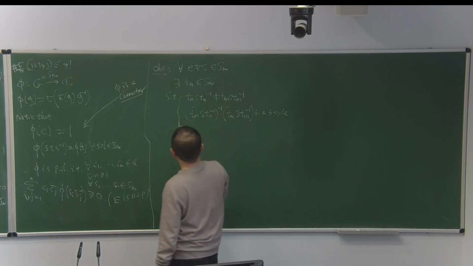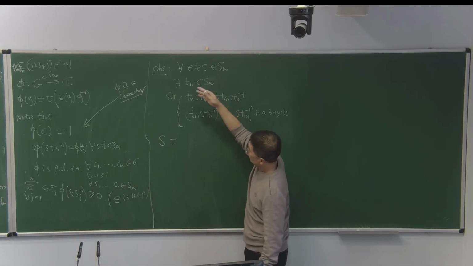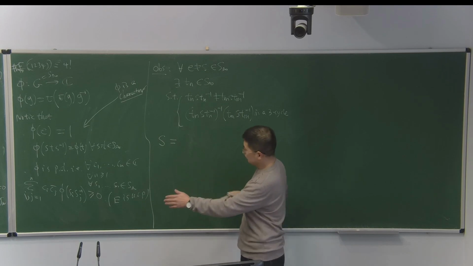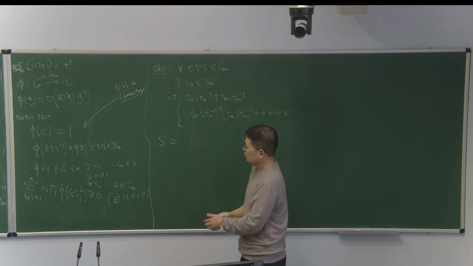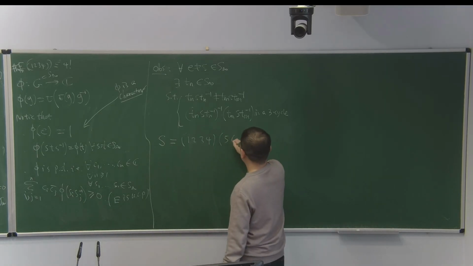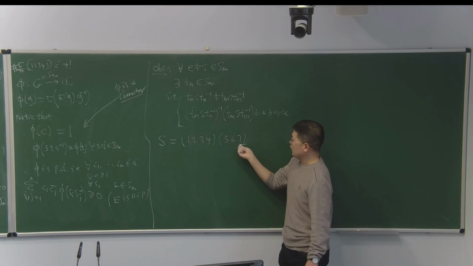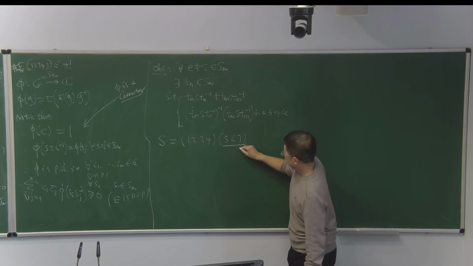Why will this be true? Well, let's take a look at a simple example. For any non-trivial permutation, you can write it as a product of disjoint cycles. So for example, let's take maybe (5 6 7), something like this. Then you only look at the last cycle and last digit here.